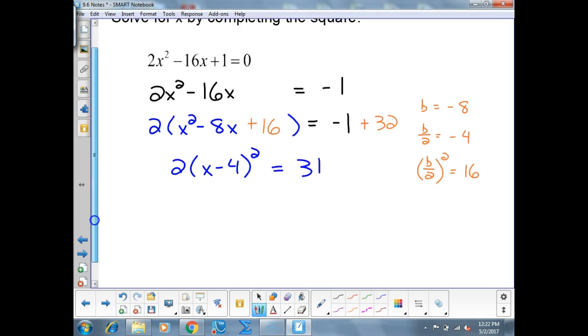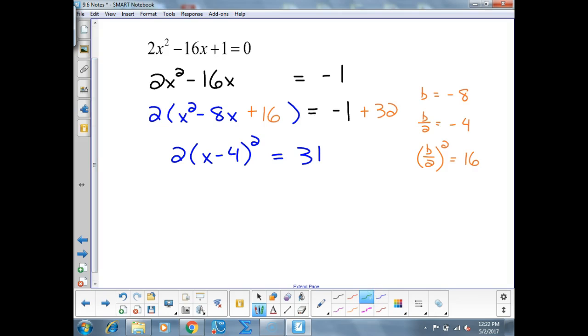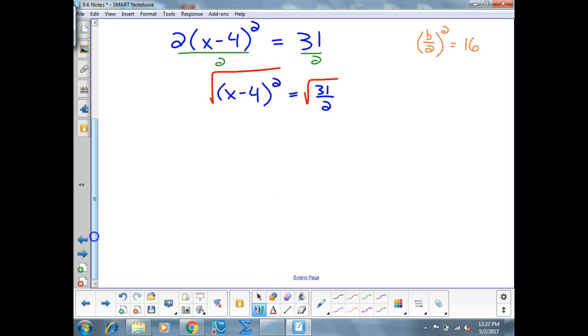First, I would divide both sides by 2. And that gives me x minus 4 quantity squared equals 31 halves. Then square root both sides. That gives me x minus 4 on the left side.